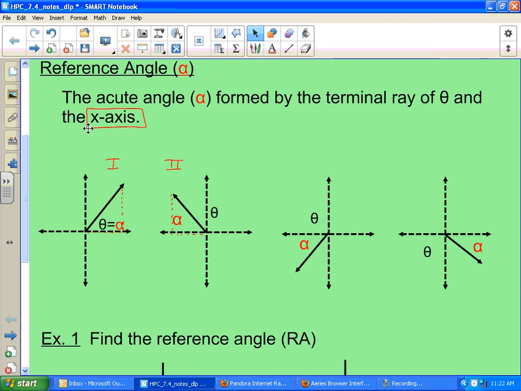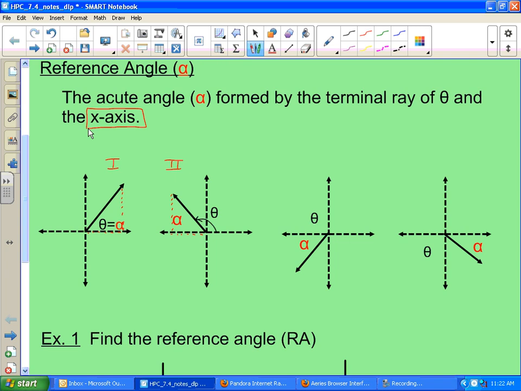So theta took us from 0 to that terminal ray, and now we're going to relate that theta in terms of a reference angle. Looking at that, you sort of came up with a formula that allowed you to calculate alpha, which is our reference angle. How would I find alpha if I had that situation in quadrant 2? 180 minus theta. Yeah, exactly.